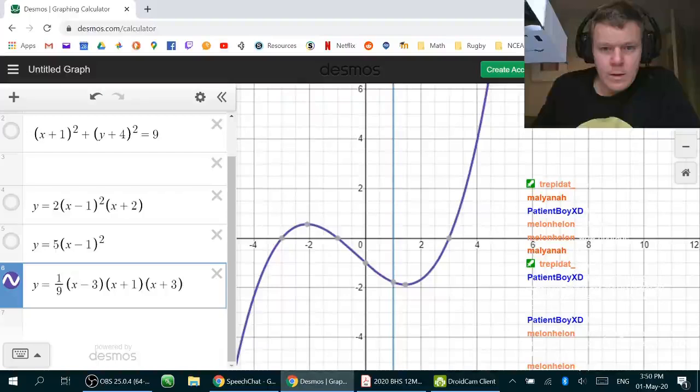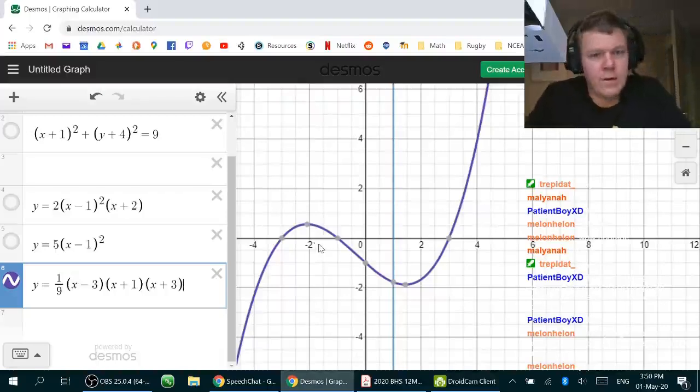Okay, and there we have it. That's the same as the one I drew. It goes through -3, -1, passes through this point 0, 1, and then goes back through 3. And finishes positive because if you multiplied out x times our x times our x, you're going to get a positive x cubed.